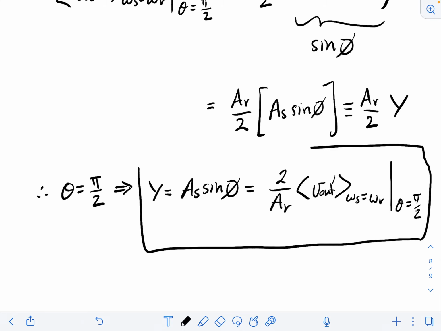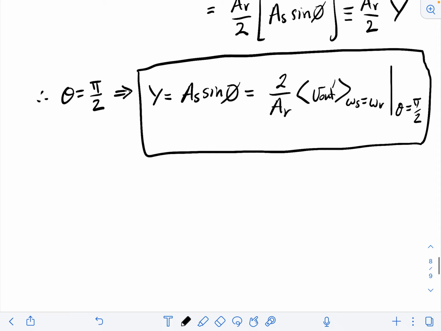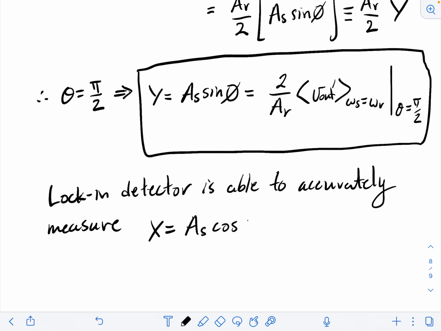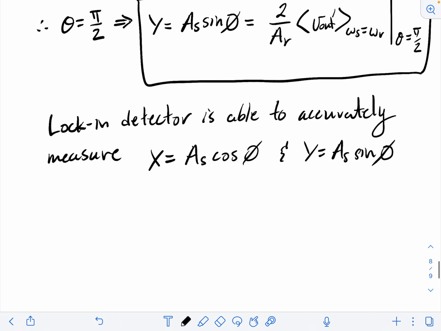So the lock-in detector is able to accurately measure X equals AS cos phi and Y equals AS sine phi when omega s is equal to omega r.